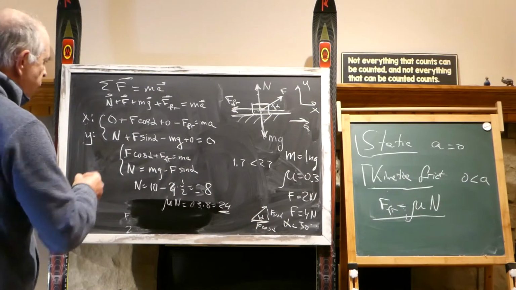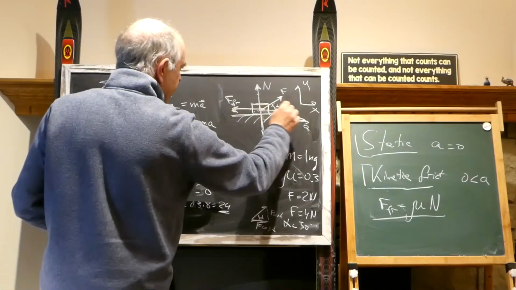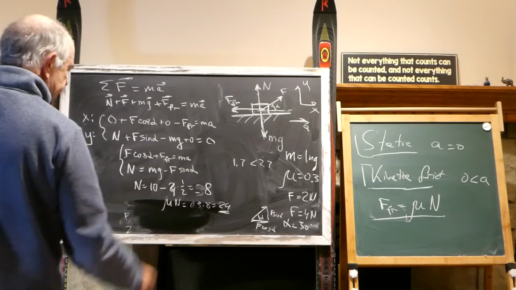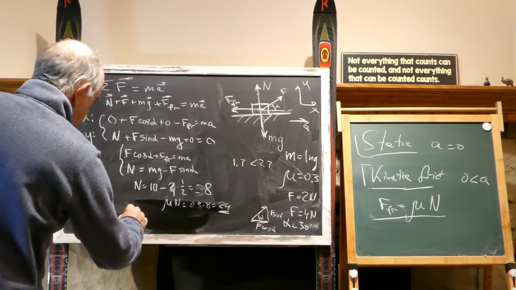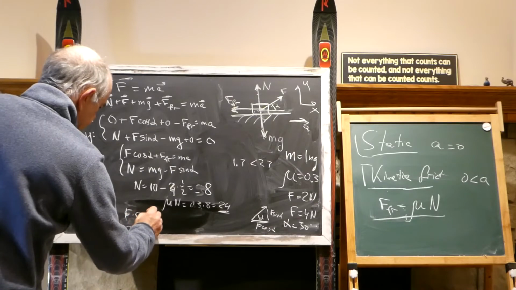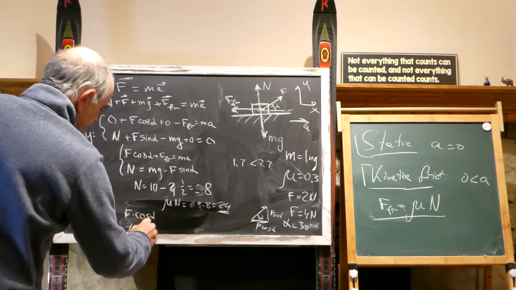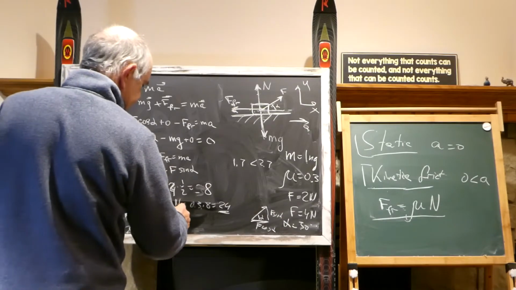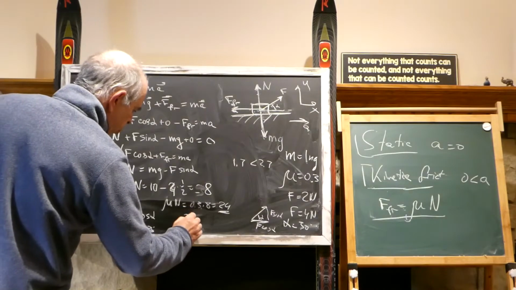And so we're pushing here to the side with F cosine alpha. And we have to compare this with this friction. So F cosine alpha would be the same like before. It would be 4 in this case, multiplied by 0.85. And this mu N would be 2.5.